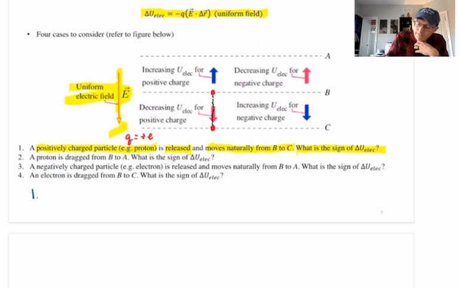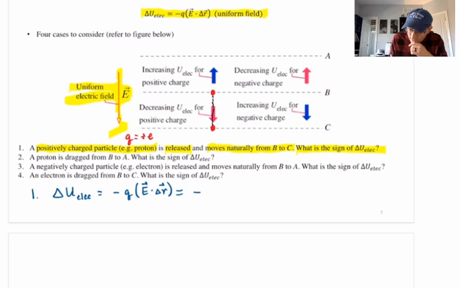Delta U electric is negative Q times E dot delta R. Let's put in the signs and just do everything exactly correctly. Negative little e, because the Q is little e, and then magnitude electric field, magnitude displacement, cosine of the appropriate angle.